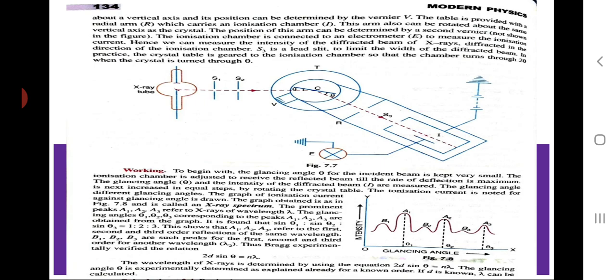S3 is a lead slit to limit the width of diffracted beam. In practice, the crystal table is geared to ionization chamber so that chamber turns through twice theta when the crystal turns through theta.